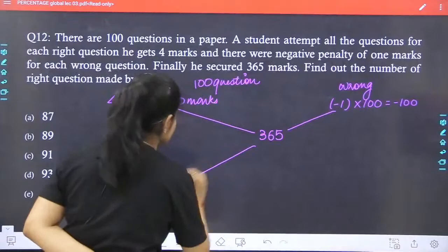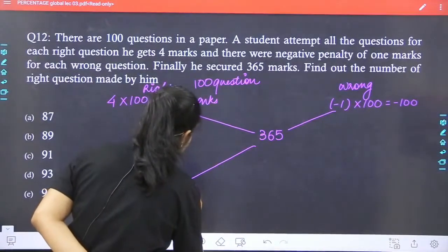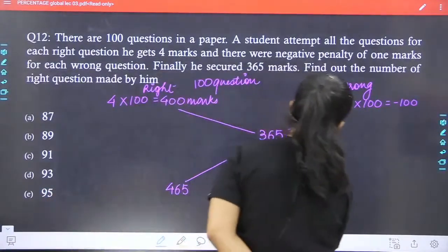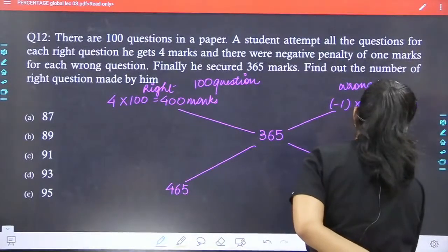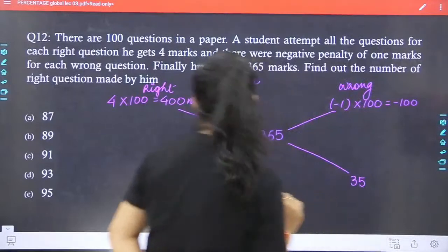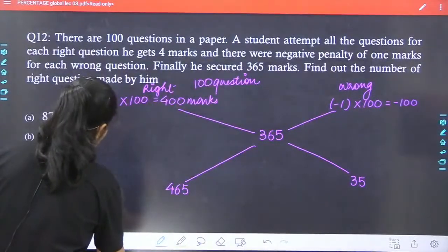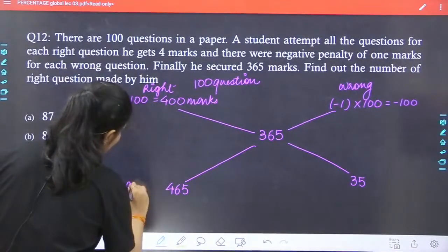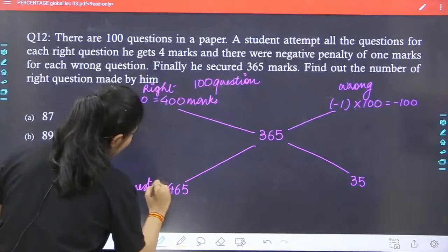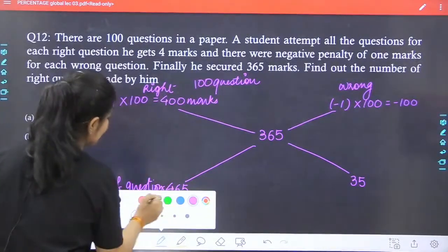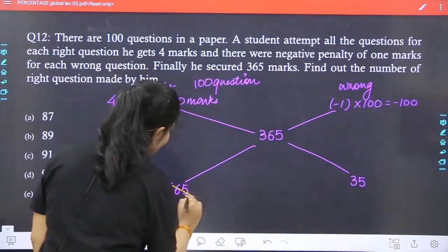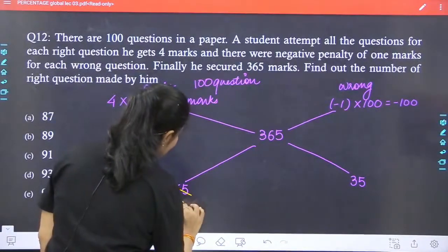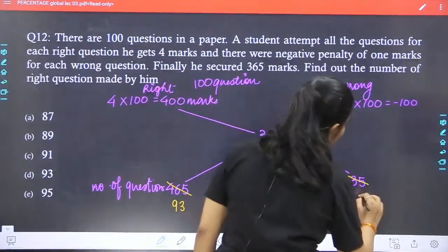That means here we get the number of questions. We can simply simplify these values by 5, and we will get 93 here and 7 here.